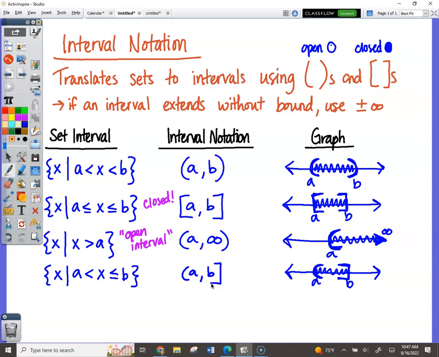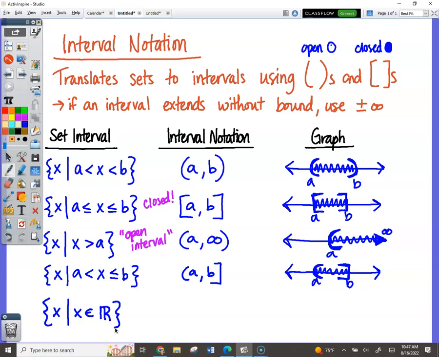The last one that I want to look at brings us back to some of that fancy notation. It's the set X such that X is an element of, which just means X is in the family of real numbers.